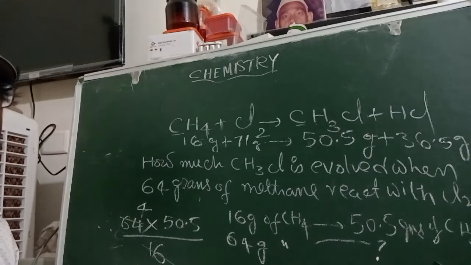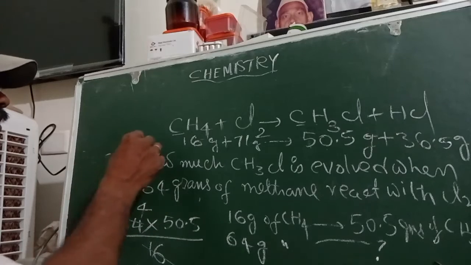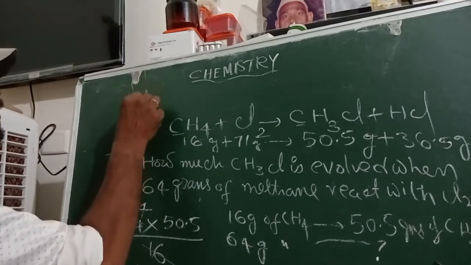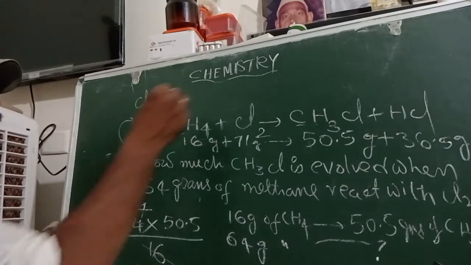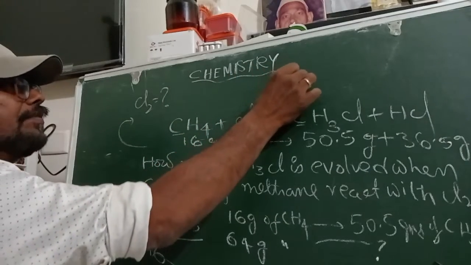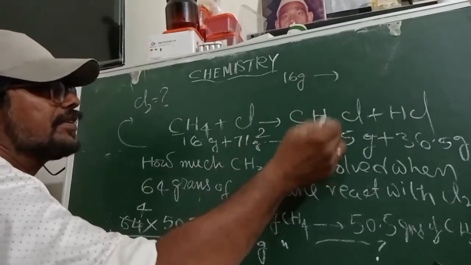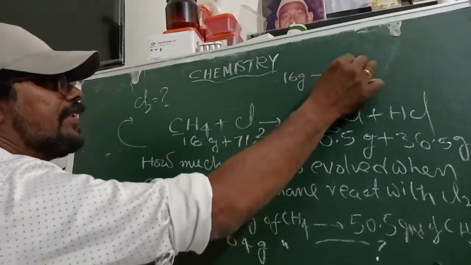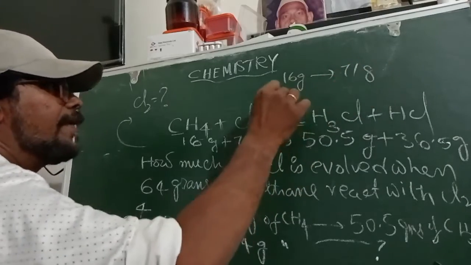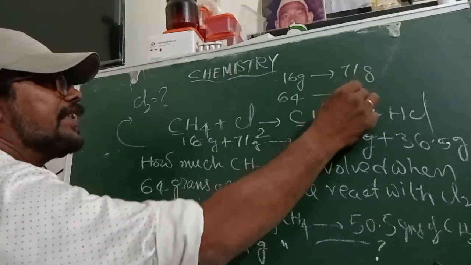Understand? You can ask another question. How much Cl2 is required for this reaction? Same. 16 grams requires 71 grams. So 64 grams requires how much?